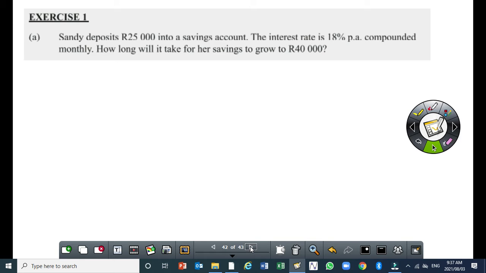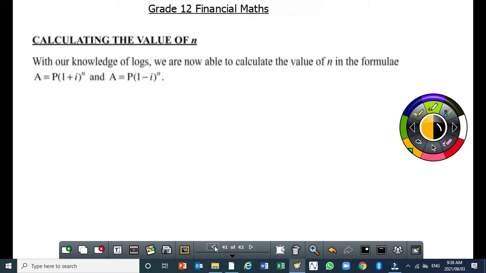Example. So here, the question says, she deposits 25,000 rand into a savings account. Now, this is very important before you carry on. The moment you see this, it means among these two formulae, the one we are dealing with is the first one, the appreciation formula, because we are dealing with saving money.